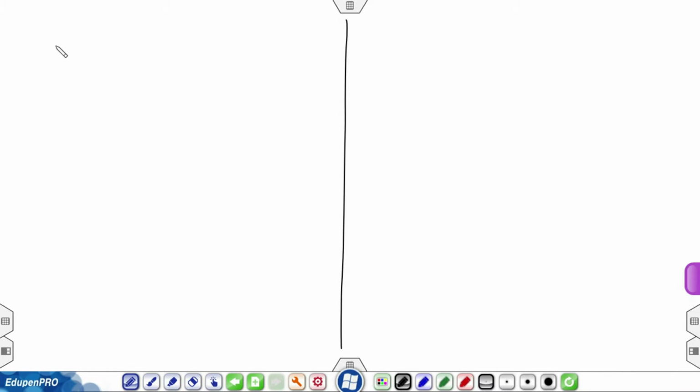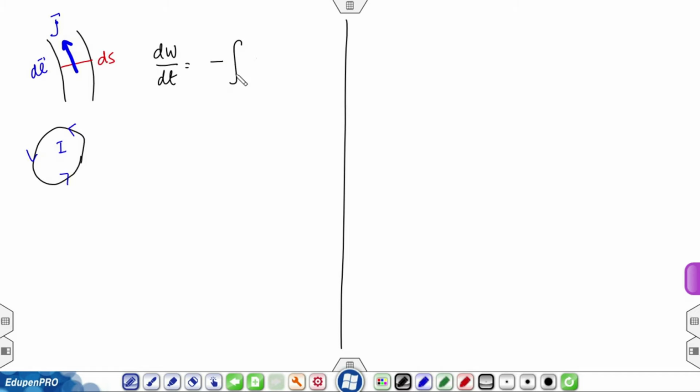So, what I have considered is this thick portion of this wire, which is carrying current I, and in this thick portion I have this section ds, and I have current j, which is also in the direction of dl, and I have written dW dt is equal to minus integral E induced dot dl times j ds.